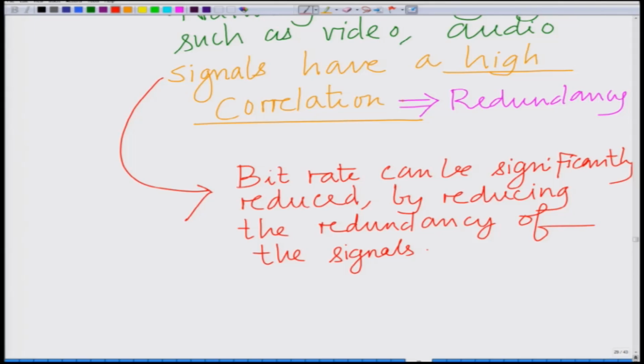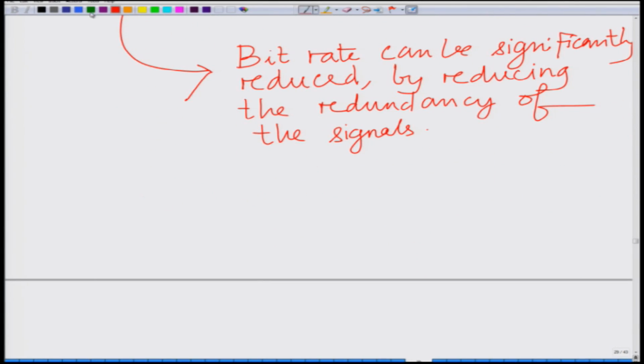The bit rate, which means the number of bits required to encode each sample, can be significantly reduced by reducing the redundancy of this signal, and this is what DPCM tries to achieve.